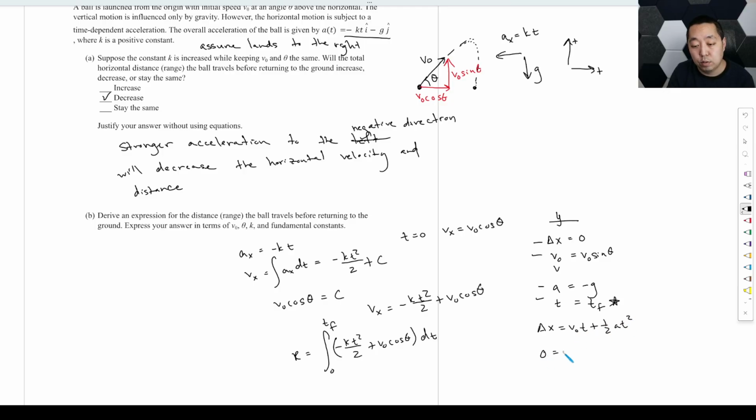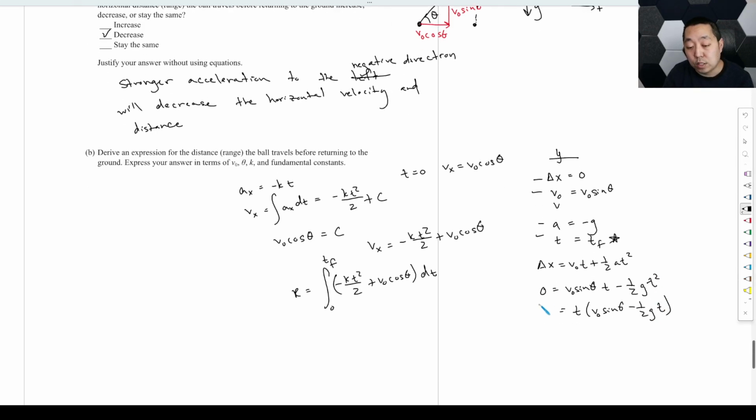So we have 0 equals v0 sine theta times t minus 1/2 gt squared. And notice I can factor out a t here. Because it's equal to 0, either t is equal to 0, which doesn't make sense because that means it hasn't left yet, or v0 sine theta minus 1/2 gt is equal to 0.